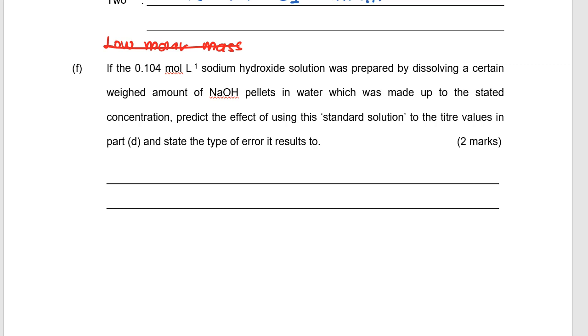Now, if you have looked through the question earlier, the sodium hydroxide was standardized to this concentration, meaning it was titrated with a standardized HCl perhaps, okay, or any primary standard to ensure the concentration was in fact 0.104 molar.